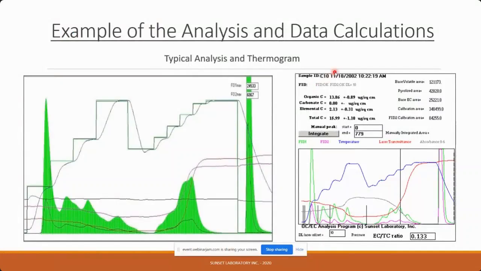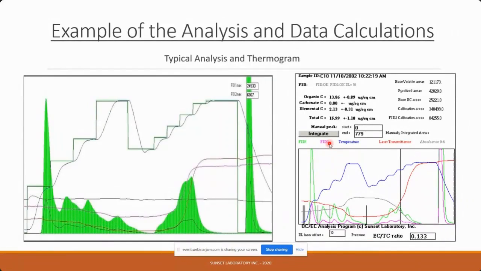I like to show this slide because it gives users or potential users an idea of what the data looks like that we generate. This image on the left is what you would see on the screen of the instrument as it's performing its analysis. This image on the right is from a calculation software that the user is able to go through and look at each sample on a case-by-case basis.